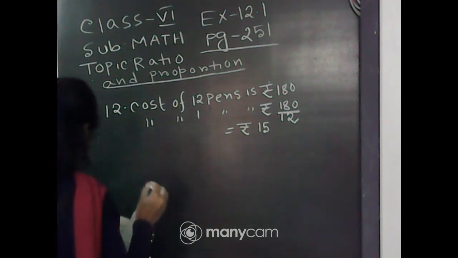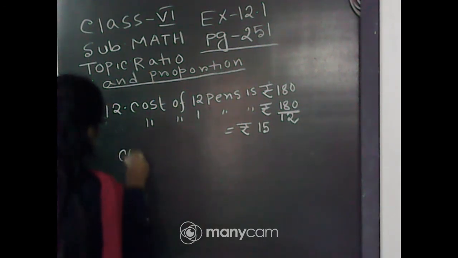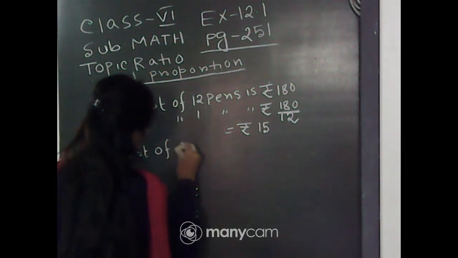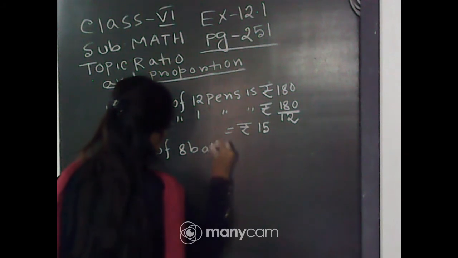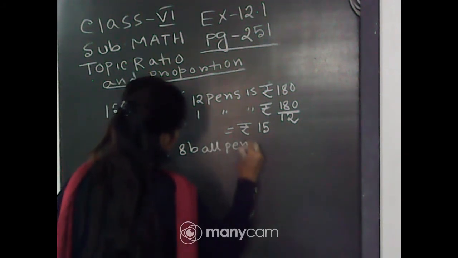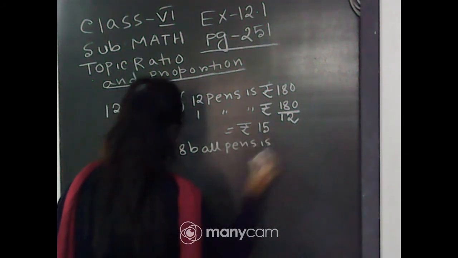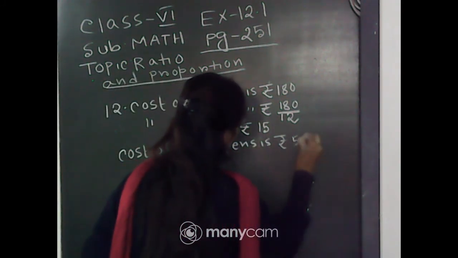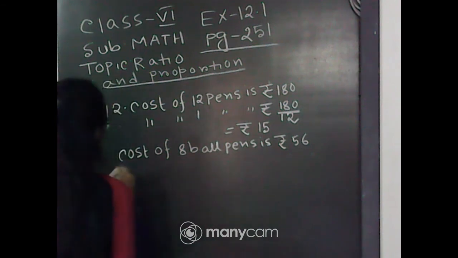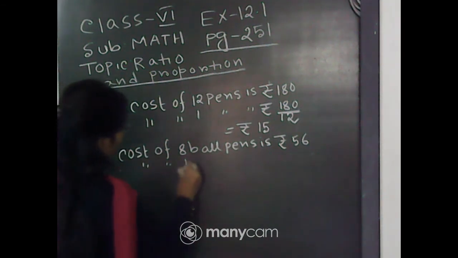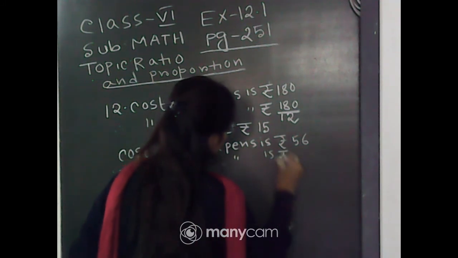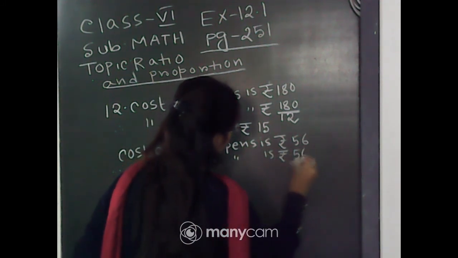Again, it is given that cost of 8 ball pens is rupees 56. Therefore, cost of one ball pen is rupees 56 divided by 8.